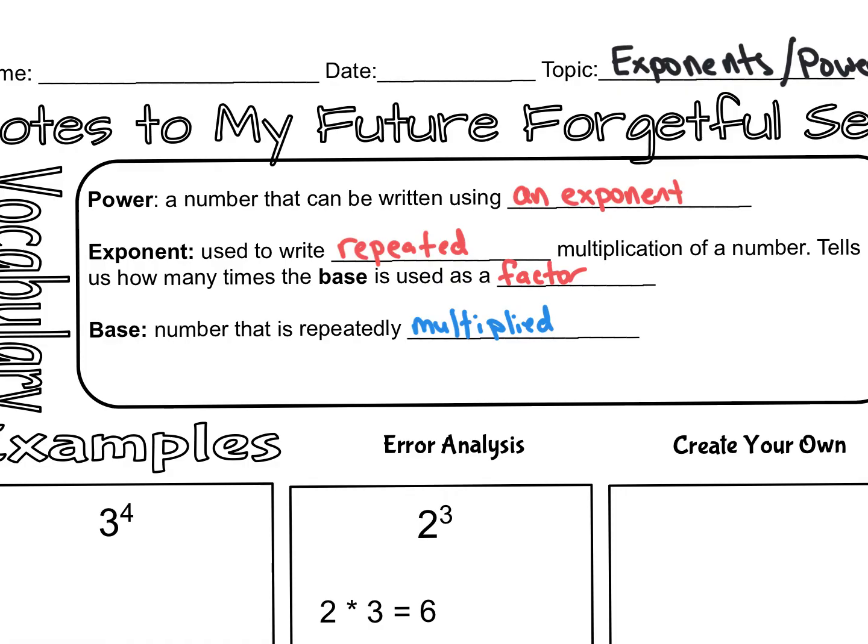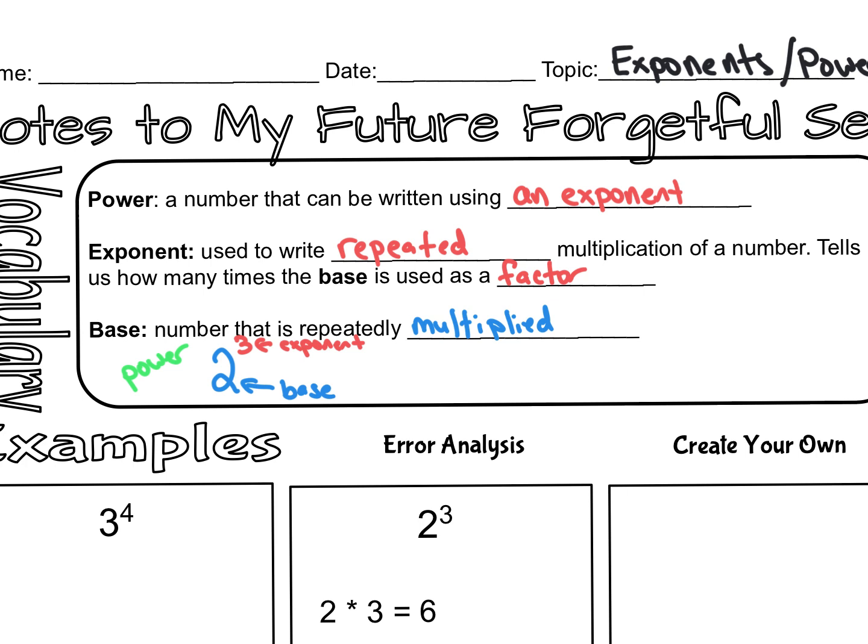So for an example, a power is just a number that can be written with an exponent. So we have our base, which is our big number, and then we have our exponent, which is the little number that's there.